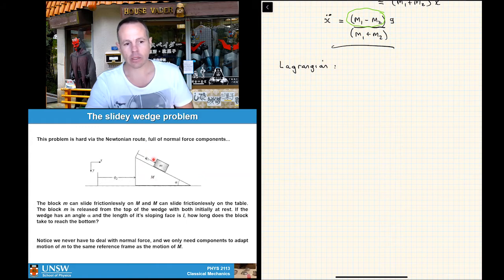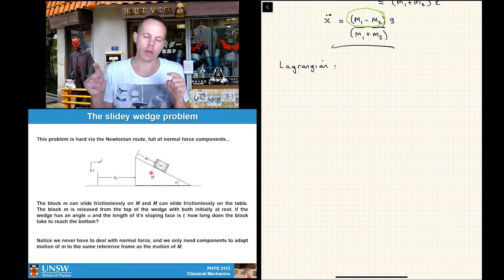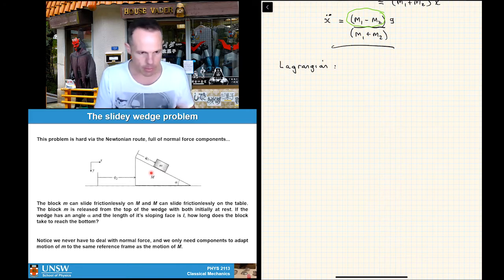So the reference frame that we've set up in this problem for little m is not the same reference frame as big M, and so what we've got to do is hook those two reference frames together, okay? But let's do big M first.